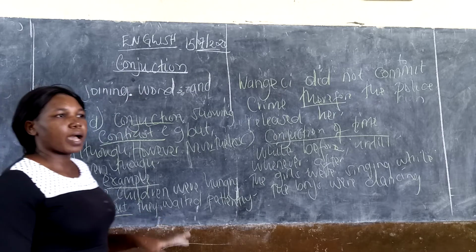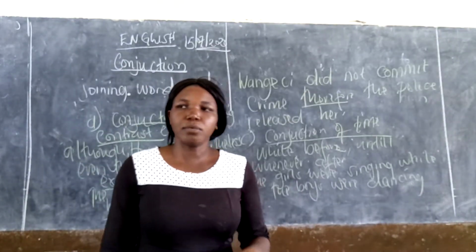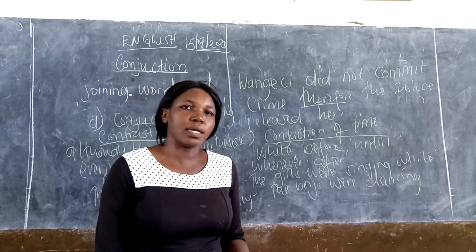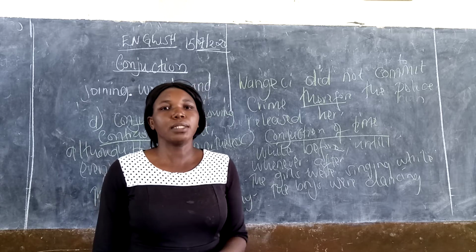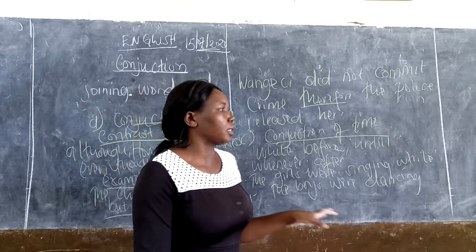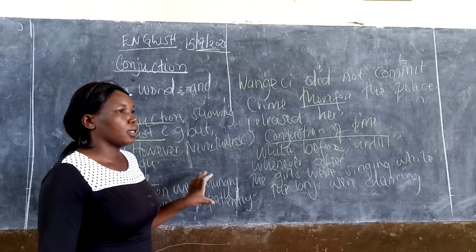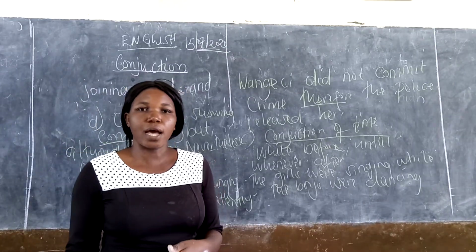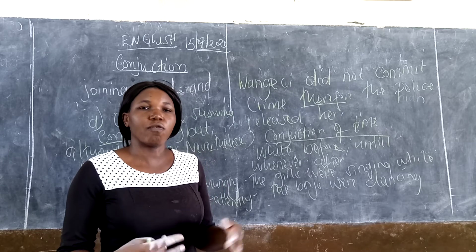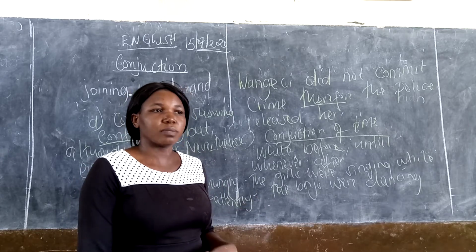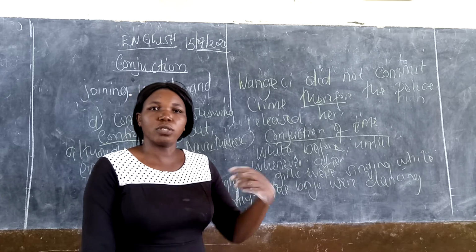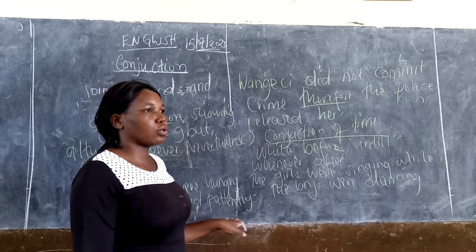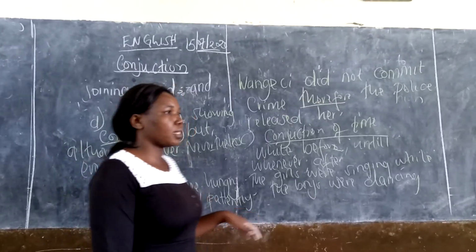This means they were hungry. You expect them to start crying, to start complaining. But here they are hungry, but they waited patiently. That gives a contrast, meaning the difference. You are getting a different idea of what was expected. You expected these children to start crying or complaining, but they waited patiently. This shows contrast.